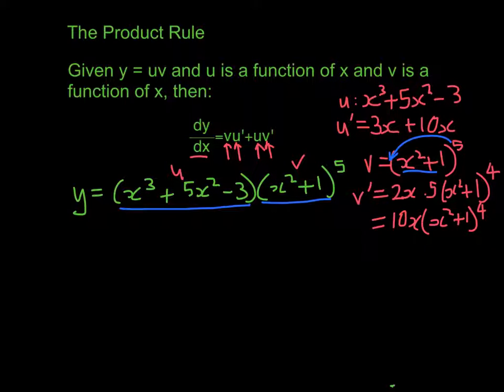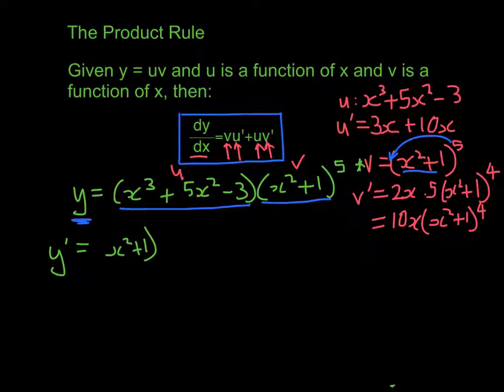Alright, now looking at the algorithm that we've got for finding the derivative of y with respect to x, what we'll find is that y prime, the derivative of y, will equal the original function of v, that's x squared plus 1 to the power of 5, times the derivative of u, that's this one here, which is 3x squared.